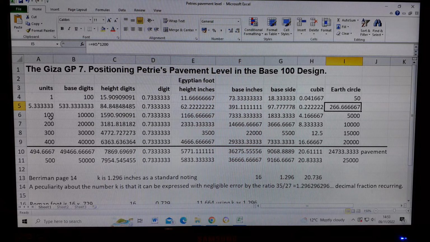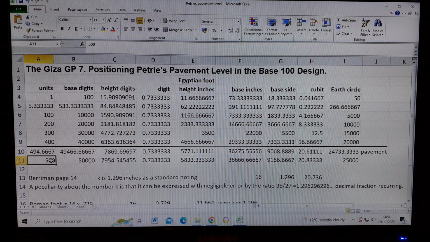So when there are 100 units in the Giza pyramid, we get 10,000 digits in the base, and we go through these numbers again that we see up here because we're just multiplying out. All we're doing now is multiplying this line by 2, 3 and 4, and then 5 to get to the top.